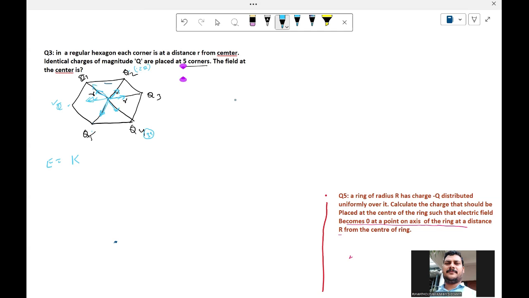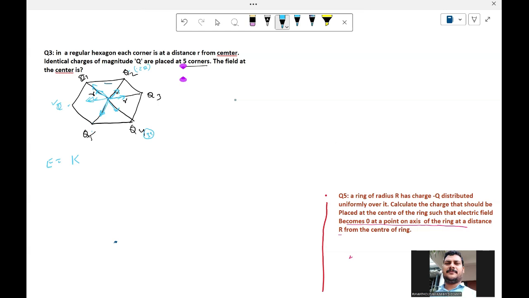If they are not identical, meaning different charges, then a resultant electric field exists here, and you have to find the resultant of all the fields by taking the angle between them. Now in this case, we have similar charges at 5 corners, and a similar charge at the 6th corner makes the electric field 0 at the center.